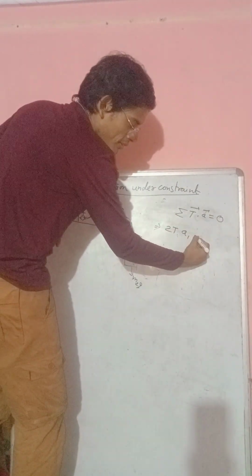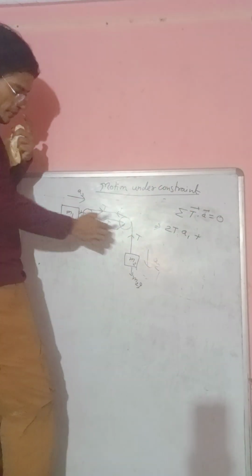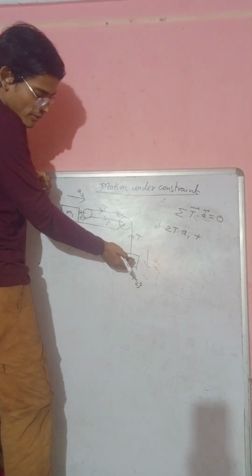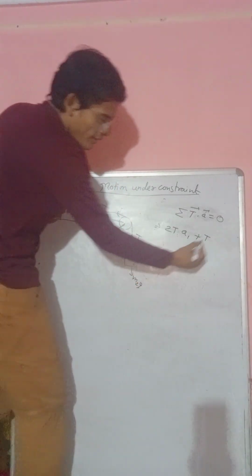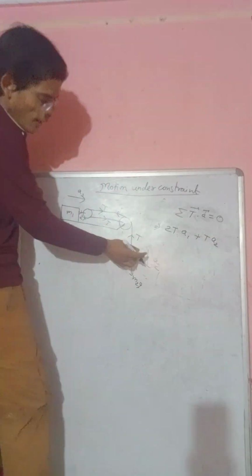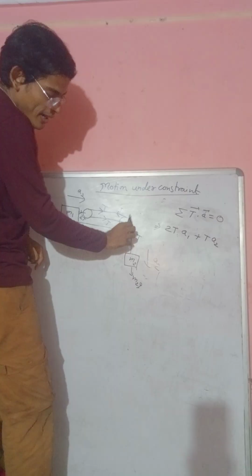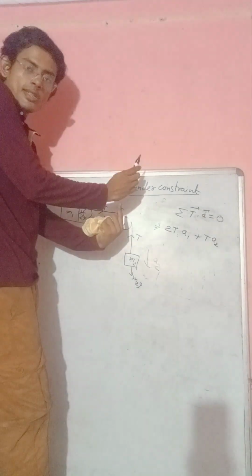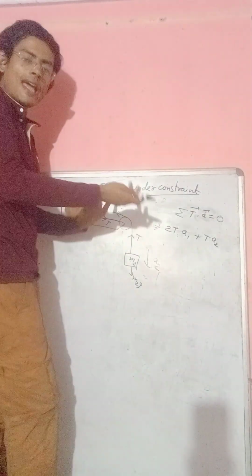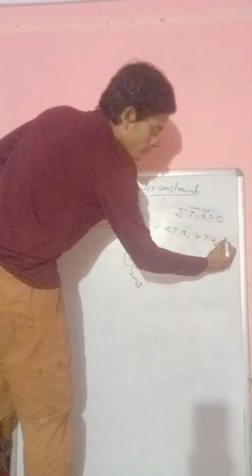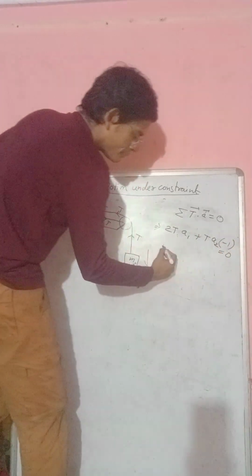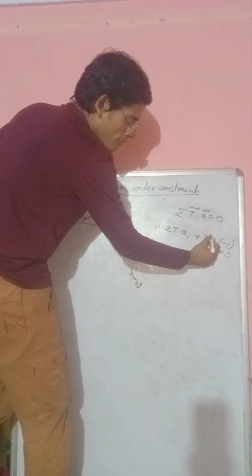Next, plus for this one, tension is T. We write T multiplied by A2. And now see, T and A2 are both in the opposite direction. Opposite direction means the angle is 180. So cos 180 means minus 1. T cancels out.